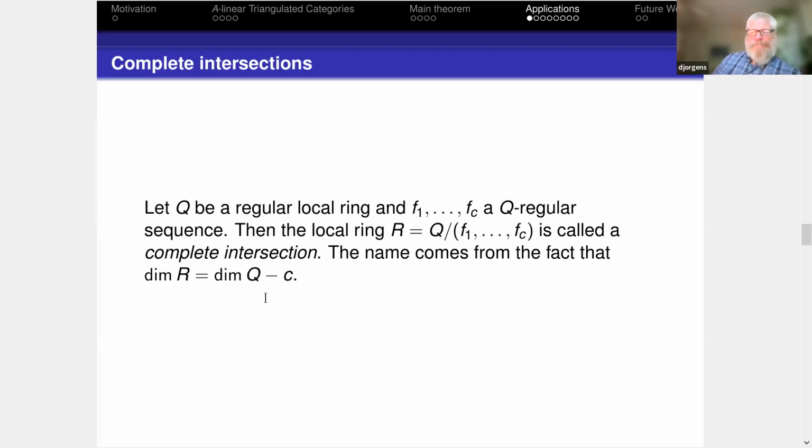It just means that when you're taking the hypersurfaces defined by these f's, they intersect as completely as possible, so each time you're reducing the codimension. Anyway, that's where the name comes from. So I'm looking at a complete intersection now, which is in some sense not regular, but maybe close to being regular.